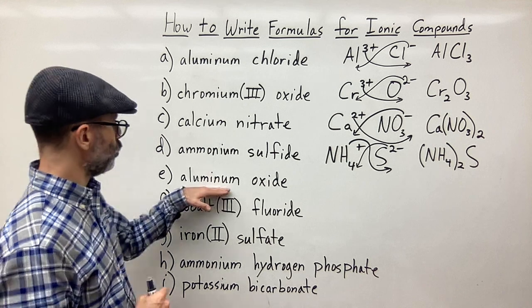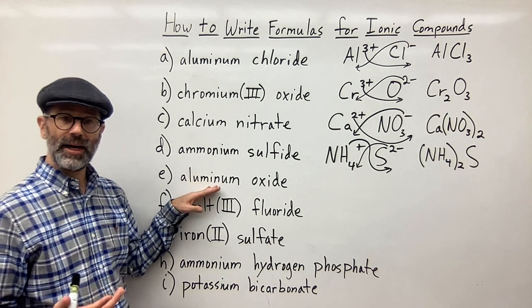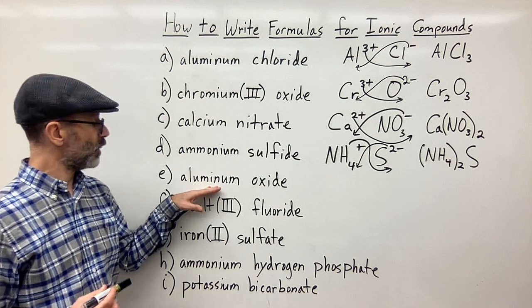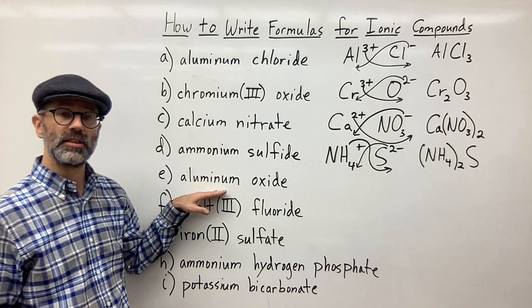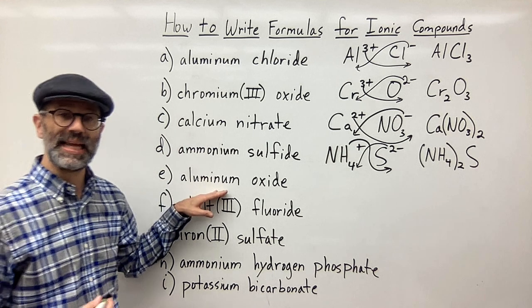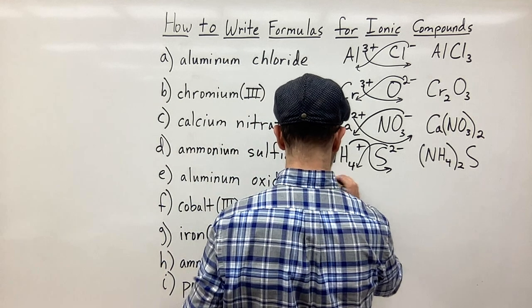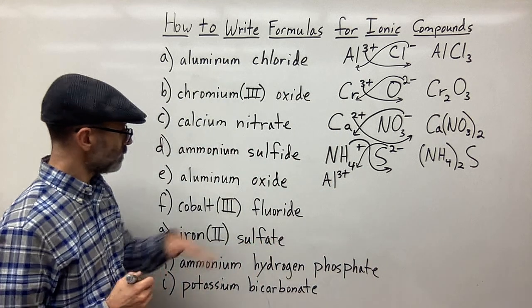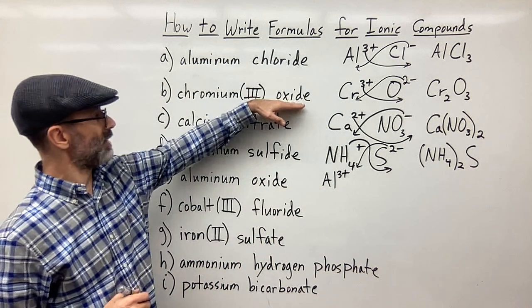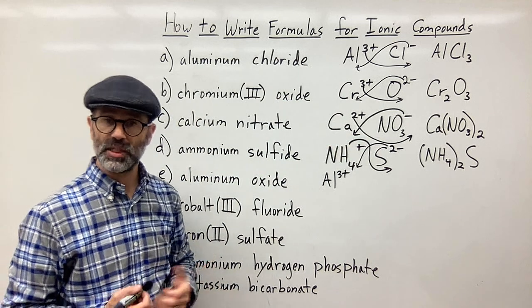Okay, so aluminum oxide. Again, aluminum, metal ion. It's going to have a 3 plus charge, just like it had up here, because it's in group 3. It's going to lose 3 electrons to be like the noble gas. So that's going to be aluminum 3 plus. Oxide, again, we had oxide up here. It's going to have a 2 negative charge because it's in group 6.